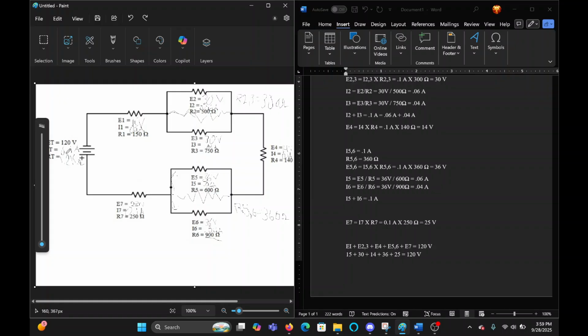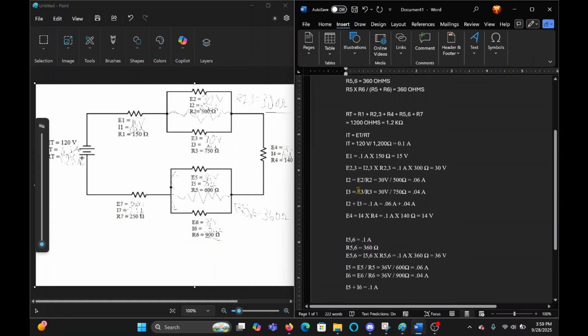We already solved for the total amperage, 0.1 amps, so then we can solve for the voltage. Since we have the total resistance here and the total amperage right here, we can solve for the total voltage for 2 and 3.